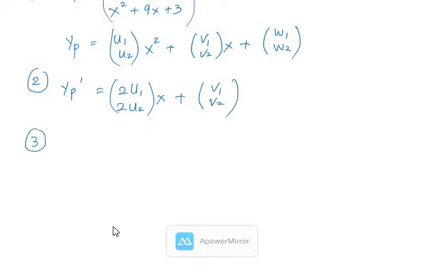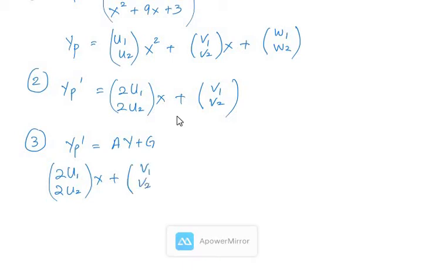And then the next step is to compare the YP prime with y prime, that is Ay plus g. So YP prime, you can copy down from this one. So you get 2U1, 2U2, x plus V1, V2 equal to A, from the question is 2, negative 4, 1, negative 3, and then y.